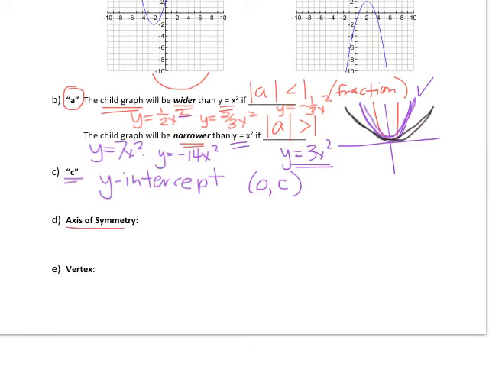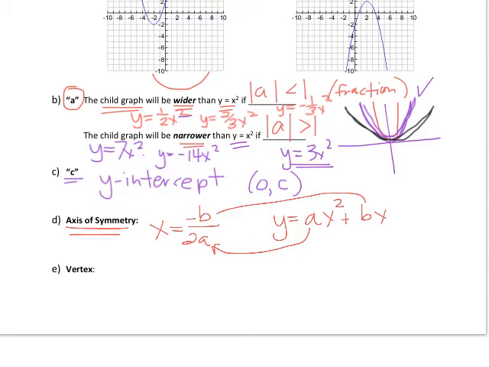And to find the axis of symmetry, we're going to be using that little formula that I wrote at the top of the page, x equals negative b over 2a. So to make some sense of that, just remember that we have an a in front of our x squared. That's the a that we're talking about. We're going to plug that in. And we're going to take the opposite of b, whatever that is, and plug it in here.